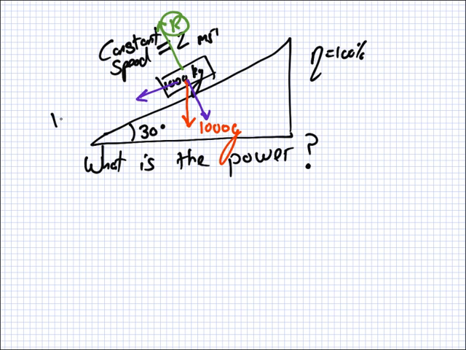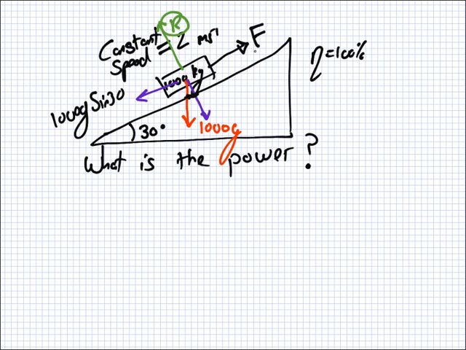And this one here will be 1,000 g sine 30, because this angle here is 30. Okay? Now, why does this not fall down the hill? Well, there must be a force provided by the engine. How big is this force?